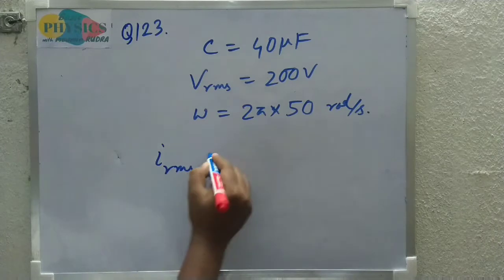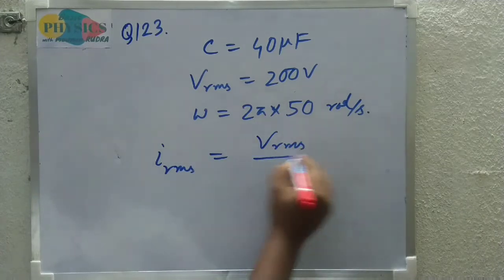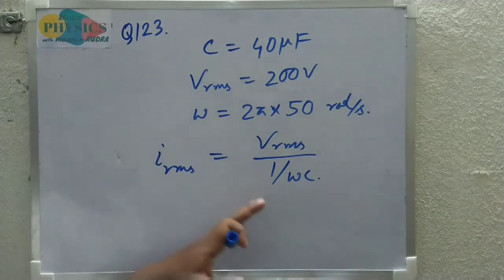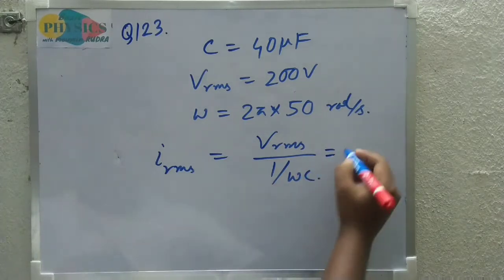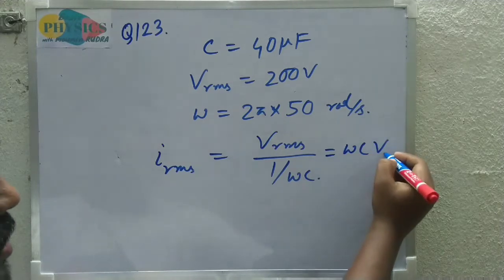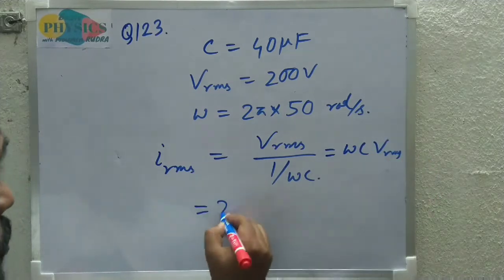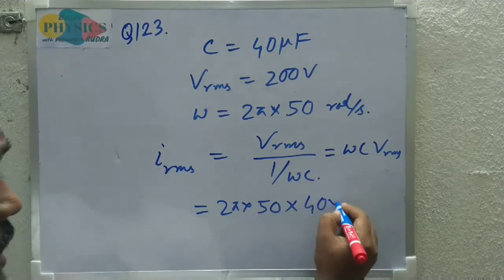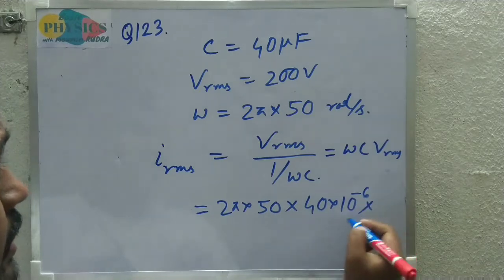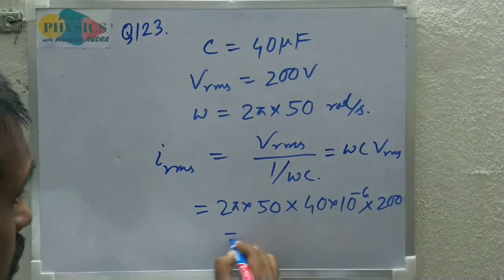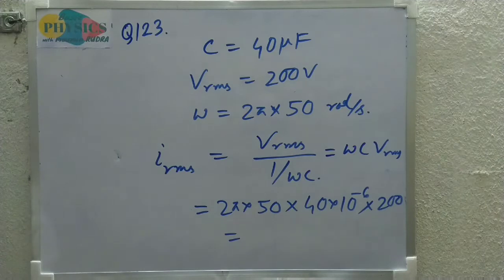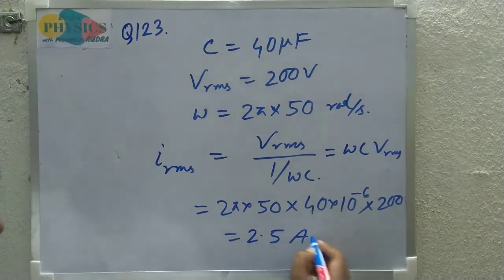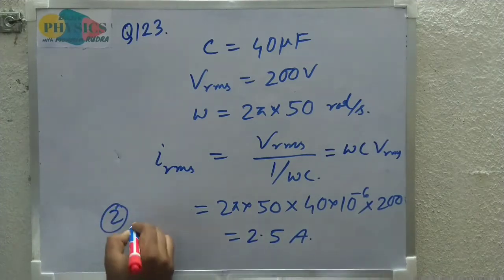So IRMS will be VRMS by 1 by omega C. 1 by omega C is the reactance of the capacitor. So from this we can write omega C into VRMS. So 2 pi into 50 into 40 into 10 to the power minus 6 into 200. So it becomes 2.5 ampere. So option 2 is the right answer.